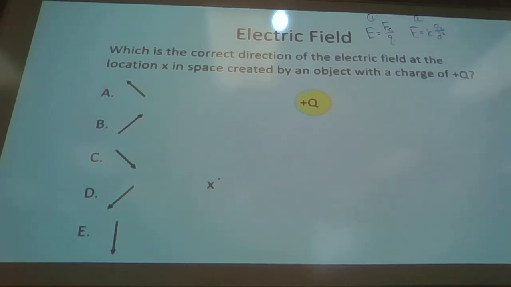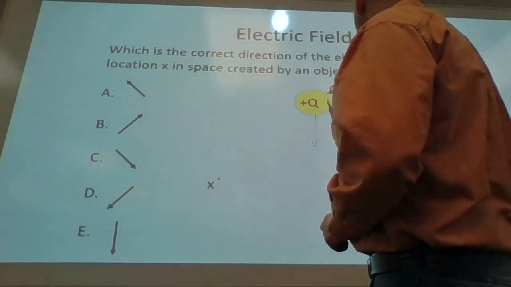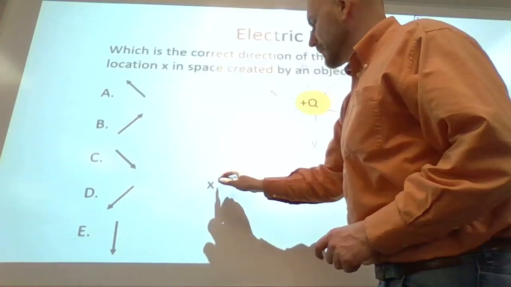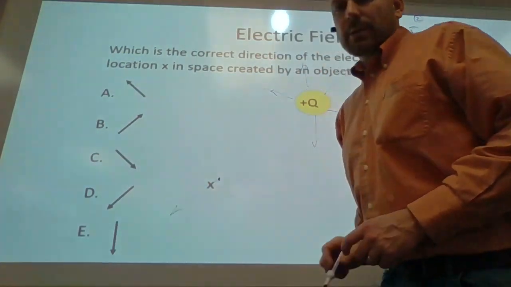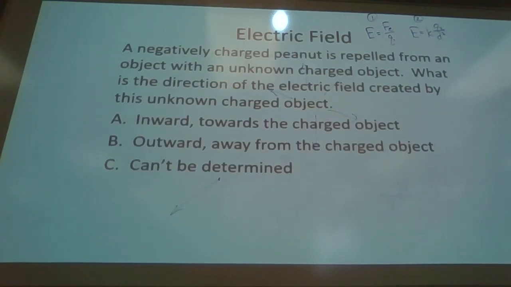Okay. Tell your neighbor. Is everybody okay with D? This is positive sunshine outward and at point X going in that direction. Good with that? Okay.